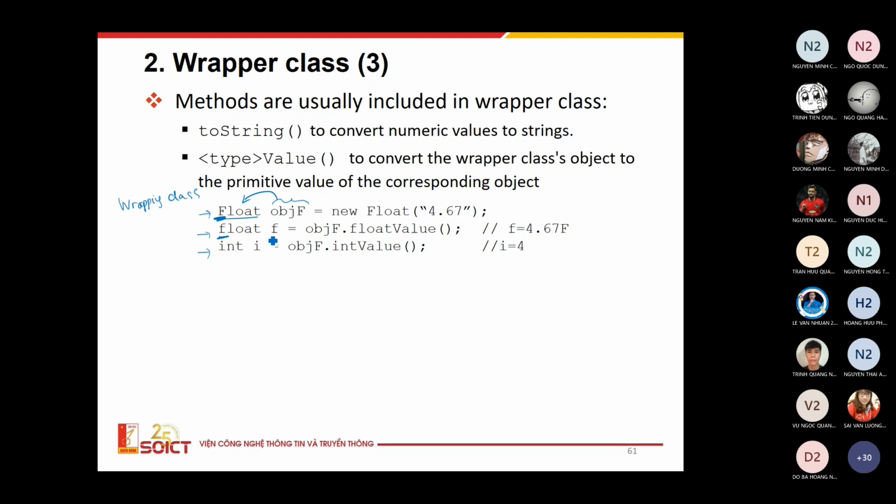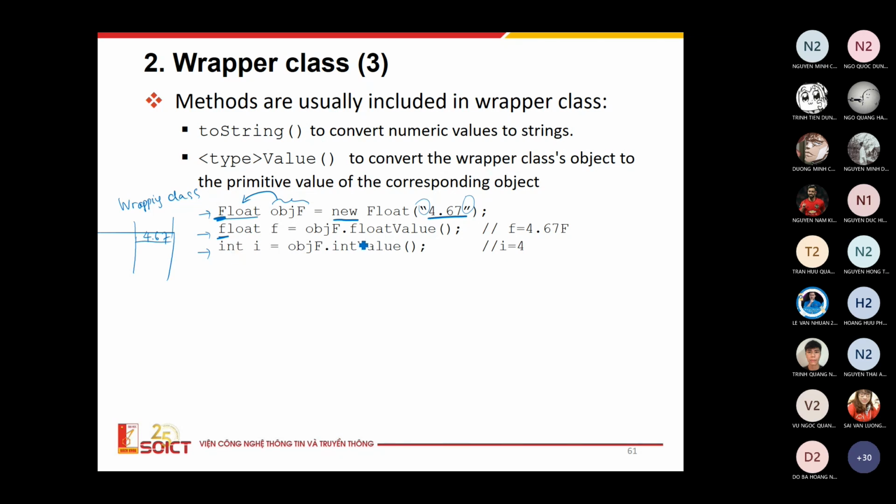This is a wrapper class, and it will create a new region in the heap and store the value 4.767. Even though you write it down like this, the constructor will push the number value into the heap memory.